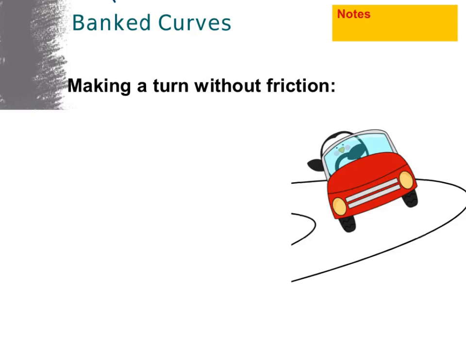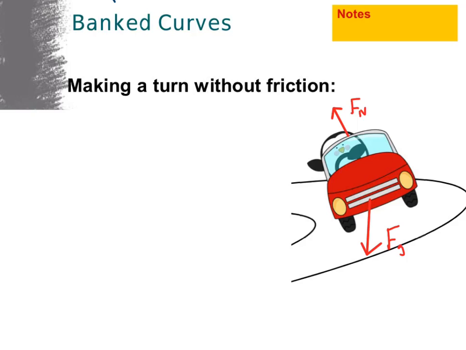So if we set up our free body diagram again, force due to gravity, and we don't have any friction force, so I'm not going to point anything in there. So I'm going to assume a frictionless surface, and the only thing that I have here is normal force. This is gravitational force.